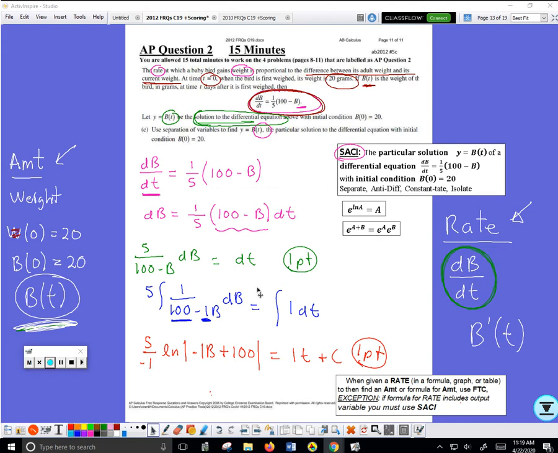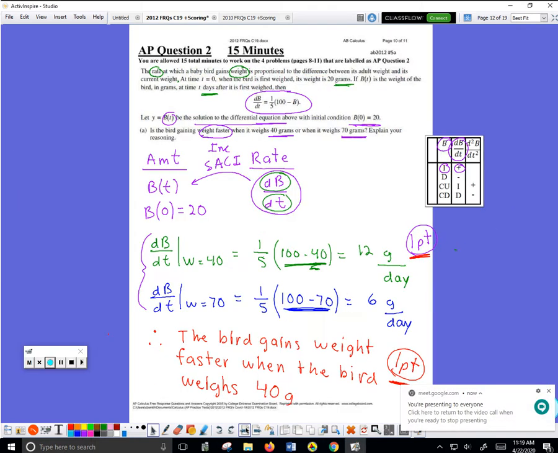So let me show an example here. Like on this 2012 test, and again, don't worry if you haven't taken it yet, just keep listening. In part A, they have all those words, initial condition, solution to the differential equation, all that's stated. But when they actually ask a question in part A, the question doesn't say anything about finding the solution to the differential equation.